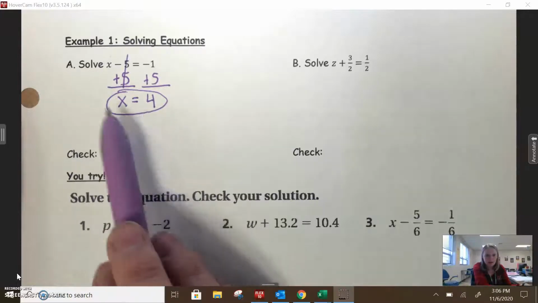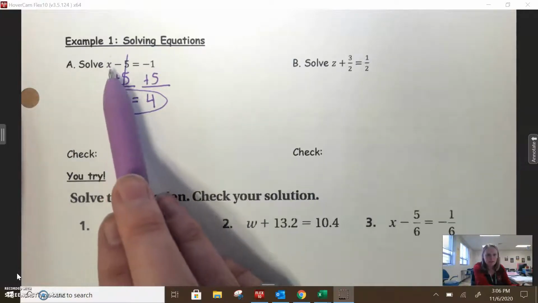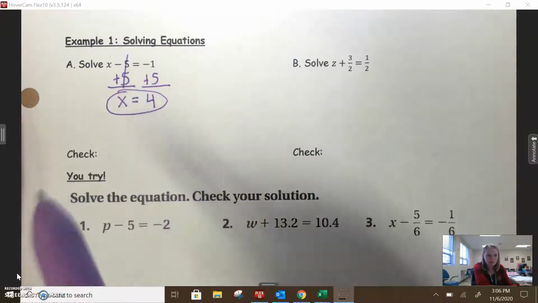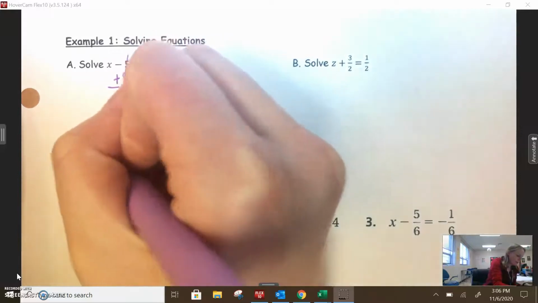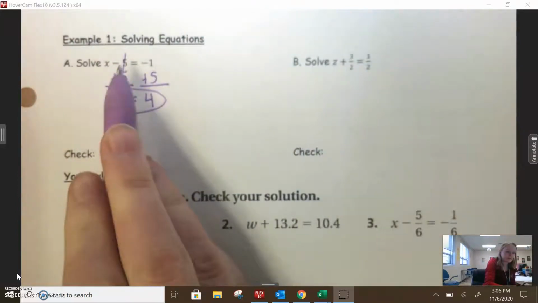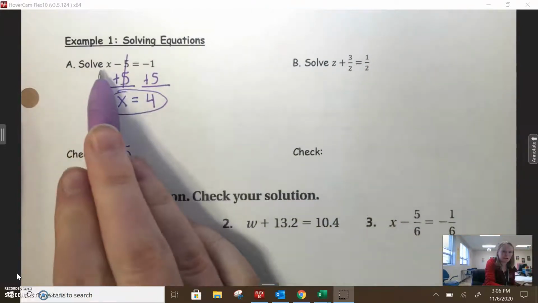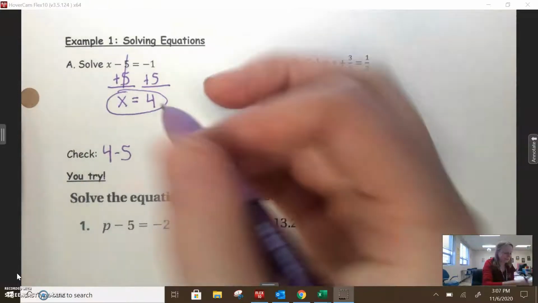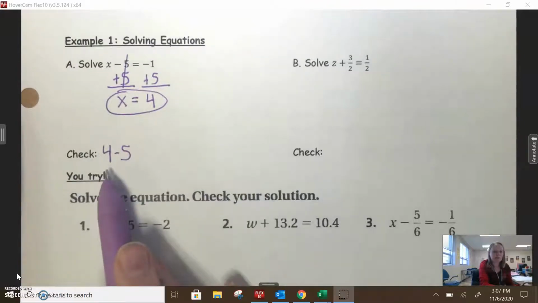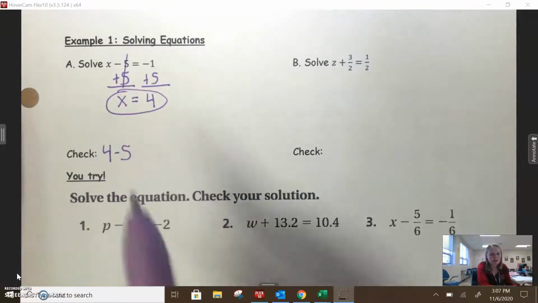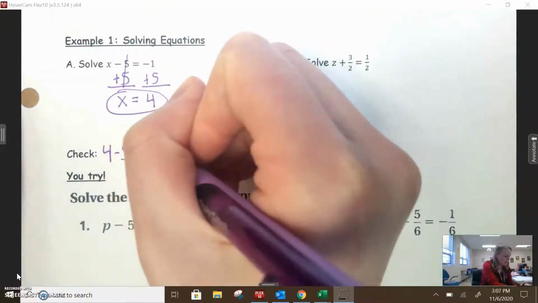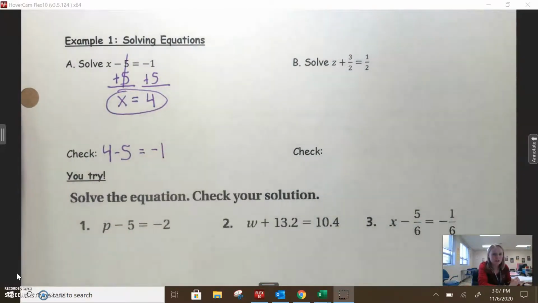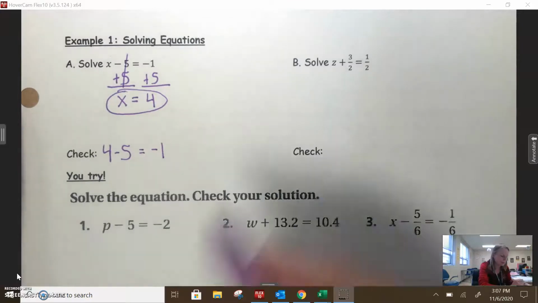So I can actually replace the letter in the original problem with this 4. If I replace that x with a 4, the new problem would be 4 minus 5. It's the same problem. I just replaced the x with the 4 that we had already gotten, because we don't want letters around anymore. Now if I solve 4 minus 5, I get -1. And that -1 matches my original -1 here. Okay?